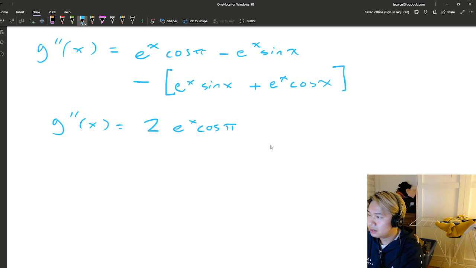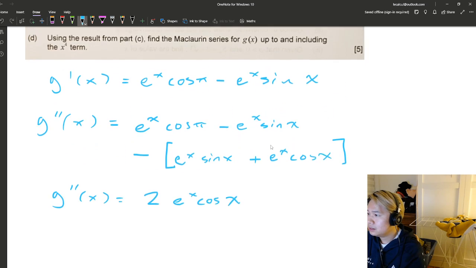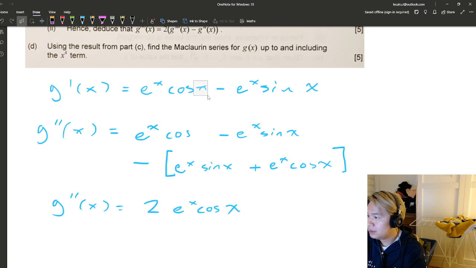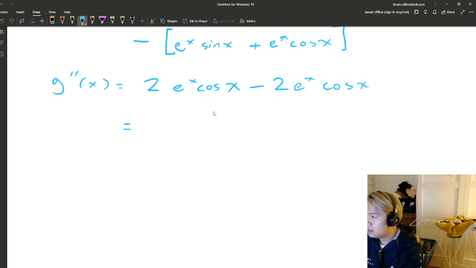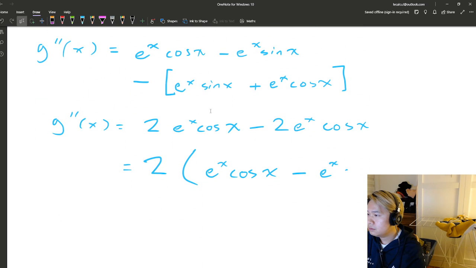Or sorry, cosine. Why am I writing pi? These should be x's. Okay, minus 2e x cosine x. And then I can factor out a 2. I'll get e x cosine x minus e x. Oh, this should be sine. And then this should be sine.